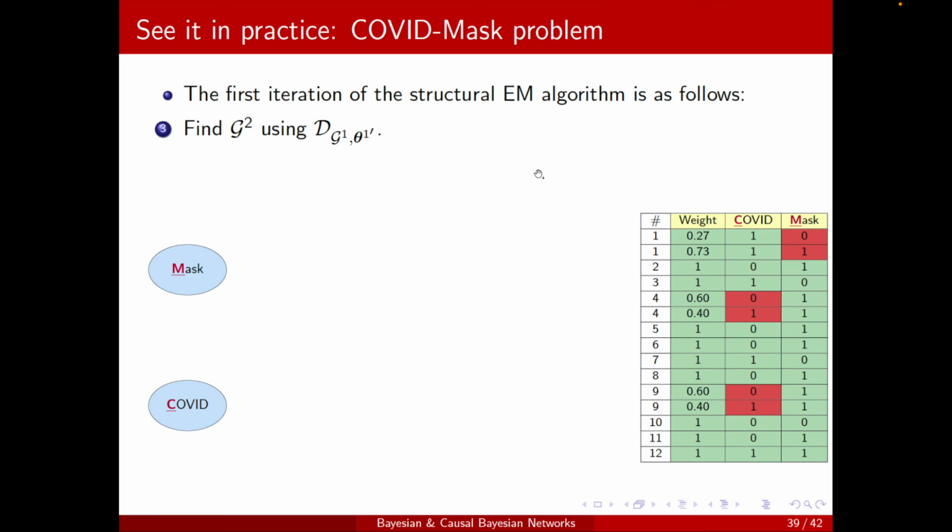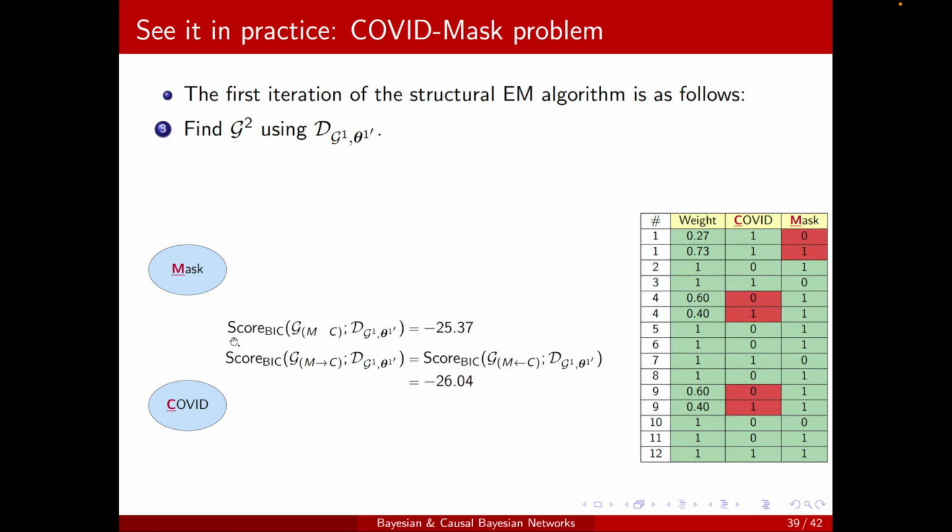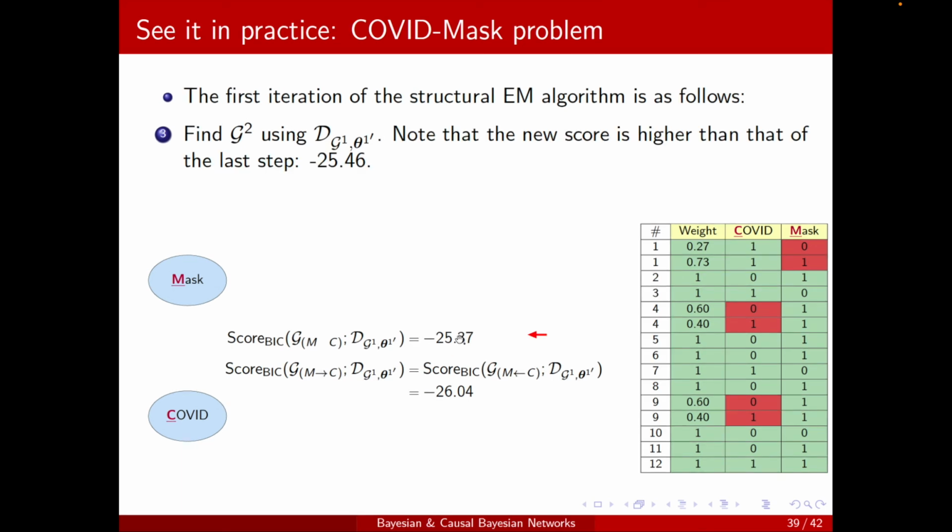Now I can see if I should move to a new structure. And for that, again, I will check both of the structures, without the link and with the link. These two are equal, minus 25.37, which is greater than minus 26. So I will choose this one, and note that the new score is higher than that of the last step.